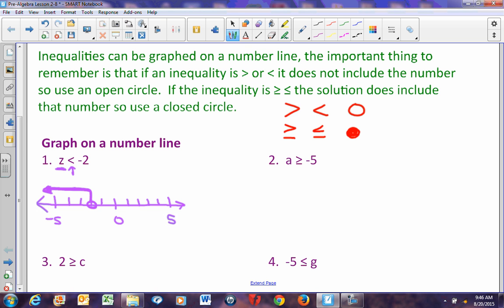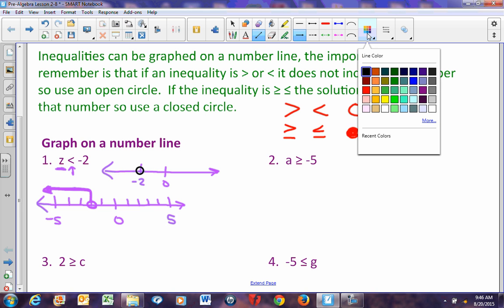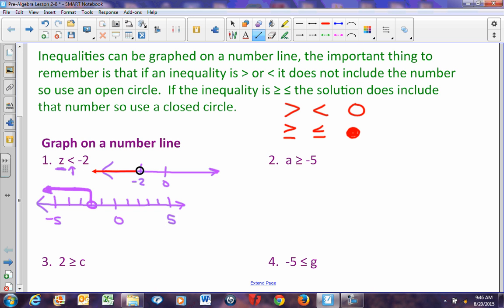In textbooks, they have these nifty little things where they can sit here and go, okay, I want a circle right here, and then I want a little number line, and I put it into this color, which makes it really easy to see.